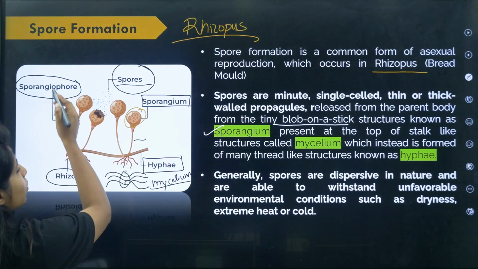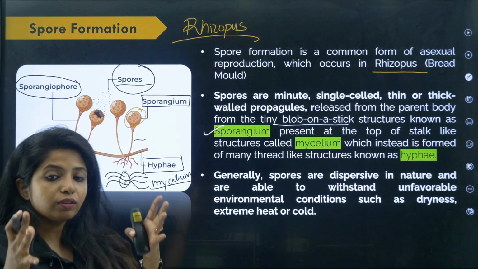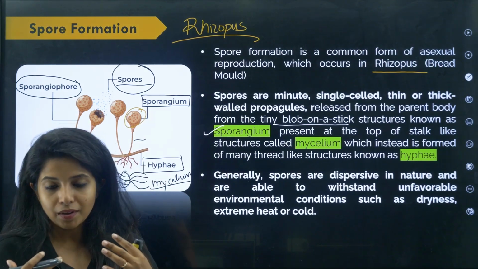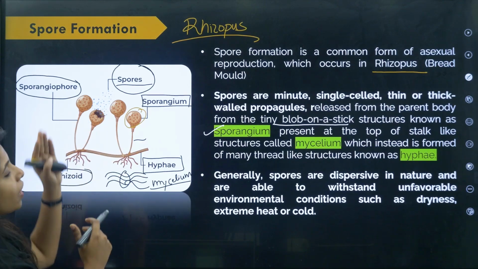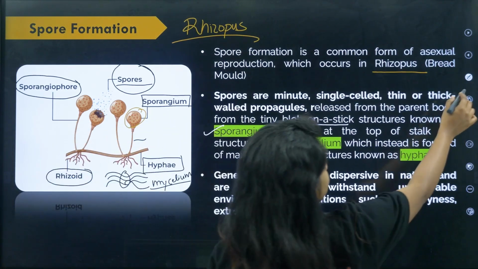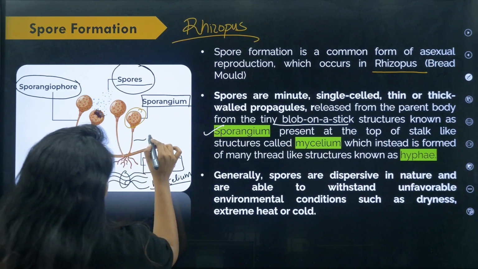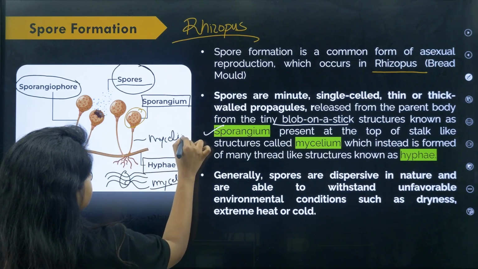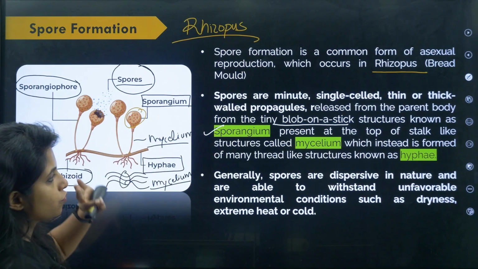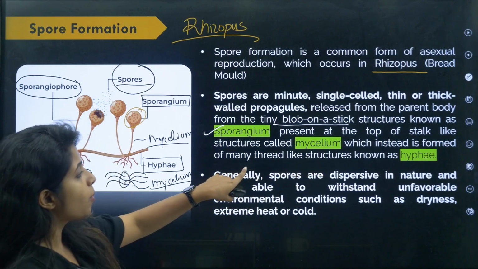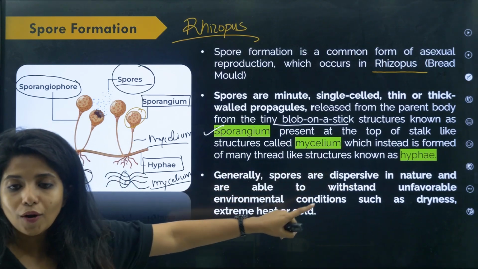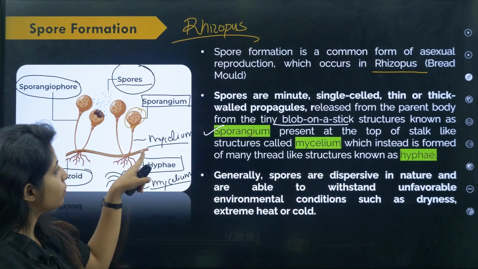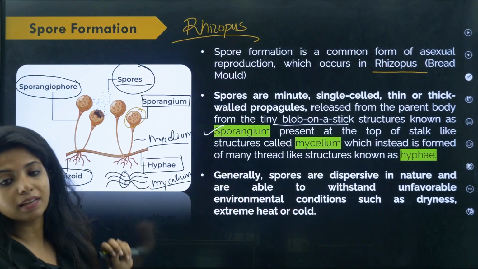So why have they called it mycelium? As I said, when the hyphae come together, you call it mycelium. But for the stem-like structure, you have a name, that is sporangiophore. So you can remember mycelium as well. Basically they are forming the sporangiophore over here, which is formed of many thread-like structures. What do you call these thread-like structures? It is known as hyphae.